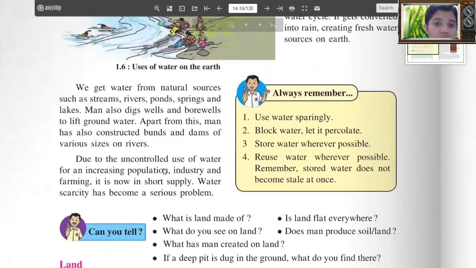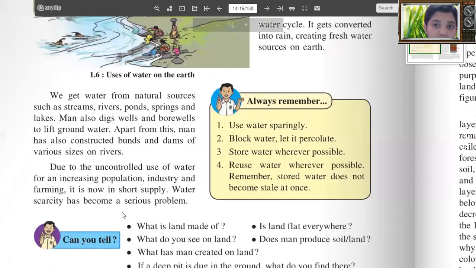Due to the uncontrolled use of water for an increasing population, industry, and farming, it is now in short supply. Water scarcity has become a serious problem.